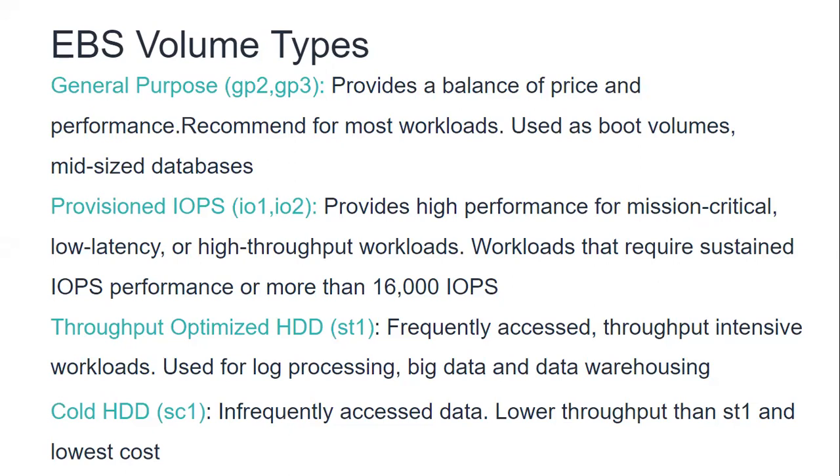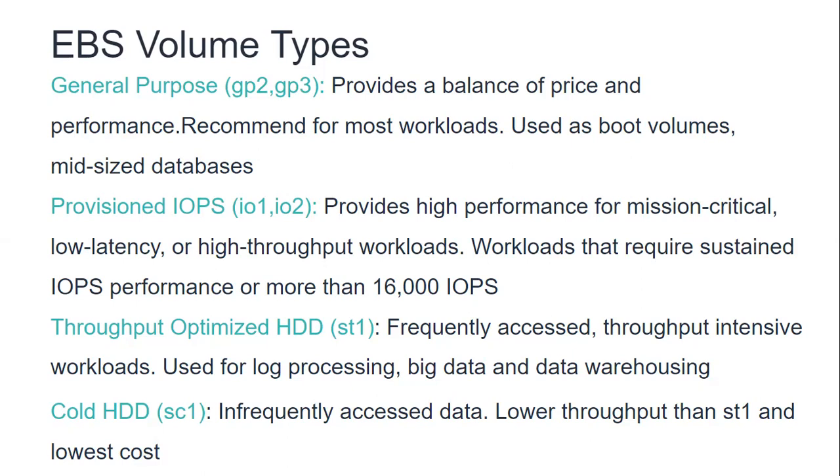And so now I'm on provisioned IOPS. You have IO1 and IO2. There are different variants, but for the purpose of the associate exams, just knowing provisioned IOPS is okay. That's for mission critical, low latency or high throughput workloads. What they allow you to do is a lot of input and output operations per second.